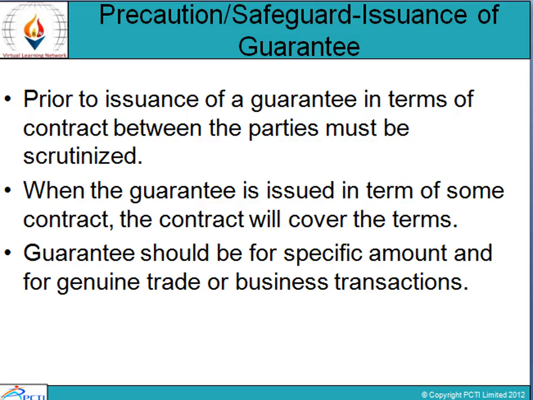So the guarantee bond is basically subordinate, junior to the contract. Lastly, the guarantee should be for a specific amount and for a genuine trade or business transaction. It should therefore be for a very definite objective, and it should be enforceable on the happening of a definite event.